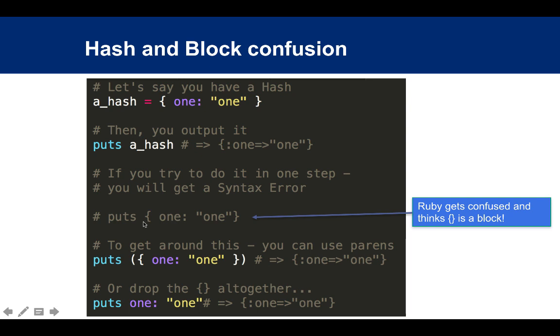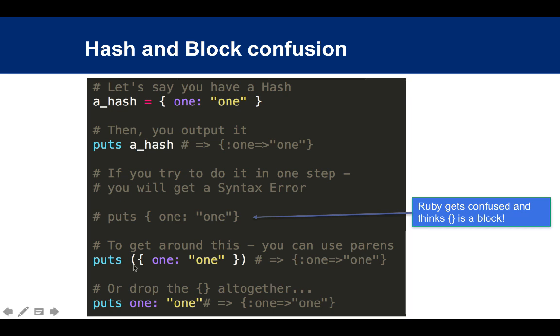The problem is that Ruby gets confused and thinks that the curlies are not a hash but a block. So it has a method puts, and then it sees a block, and then it thinks to itself, wait a second, puts doesn't take a block. This is weird. So to get around it, you could have two ways to get around it.